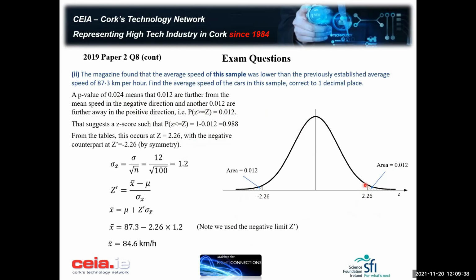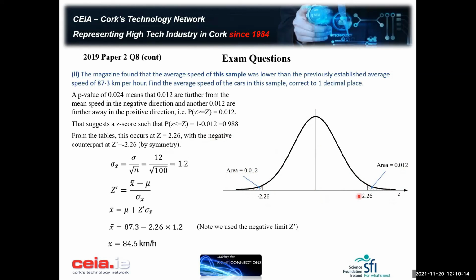So for the positive value, you're looking for an area of P(Z ≥ z) equal to 0.012, and correspondingly the area of 0.012 below the corresponding Z value also is 0.012, using the symmetry of the bell curve.